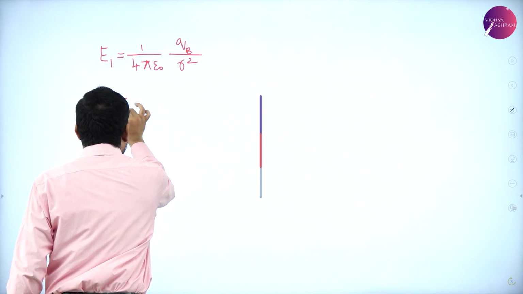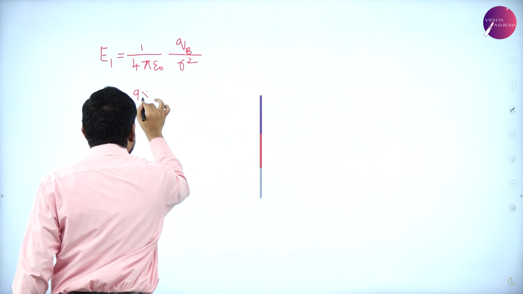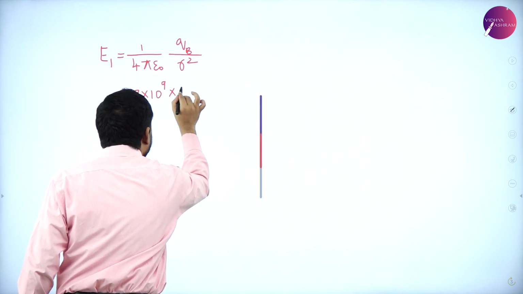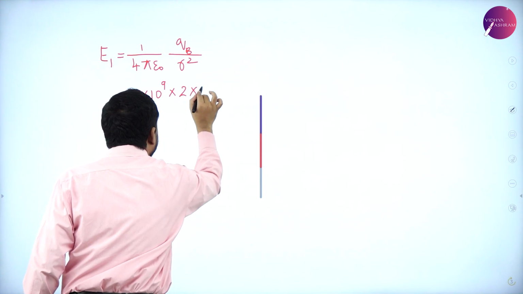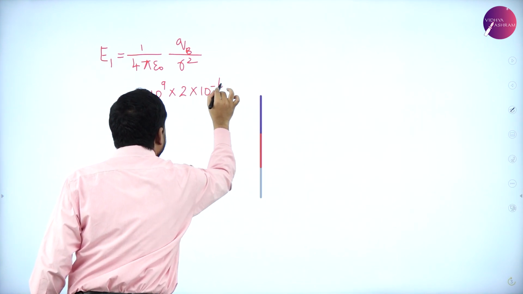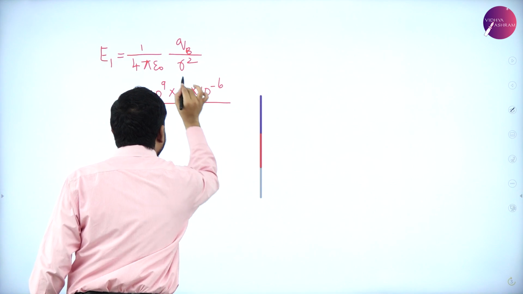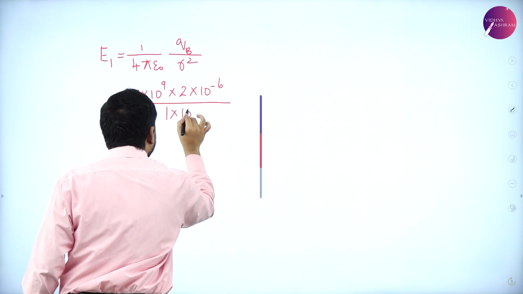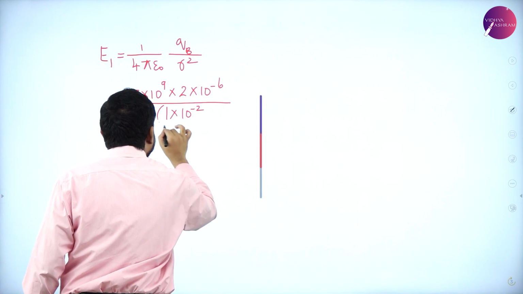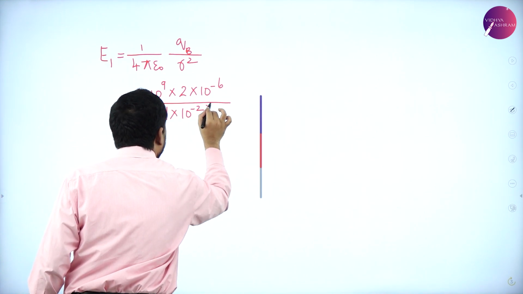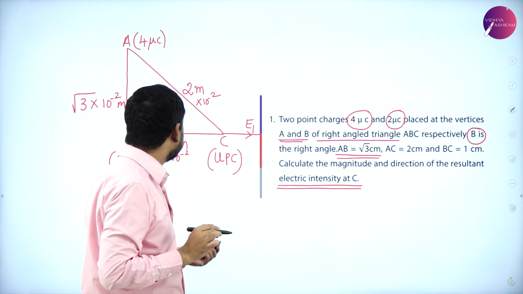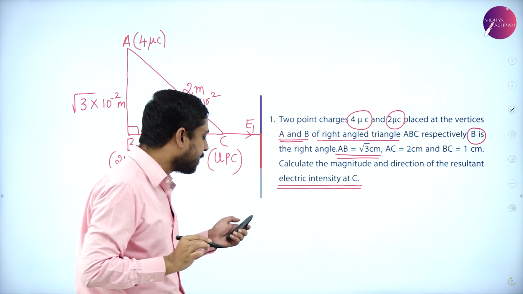So this is equal to 9 into 10 power 9, 2 microcoulomb charge, 2 into 10 power minus 6, separated by a distance of 1 centimeter, or 1 into 10 power minus 2 whole square.